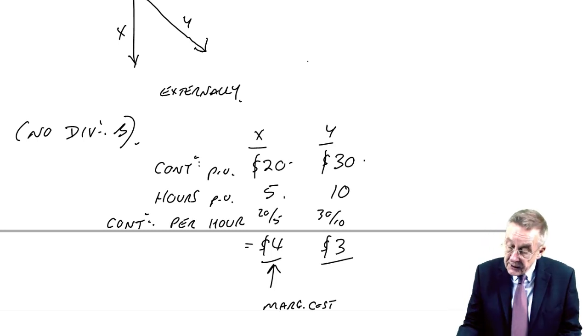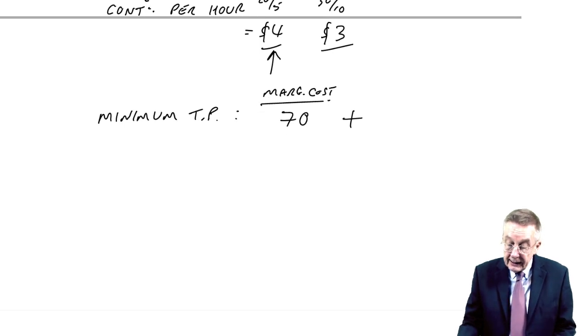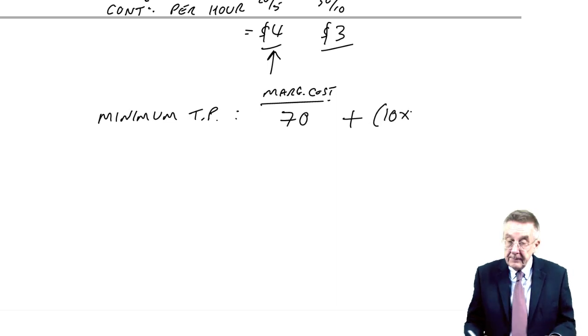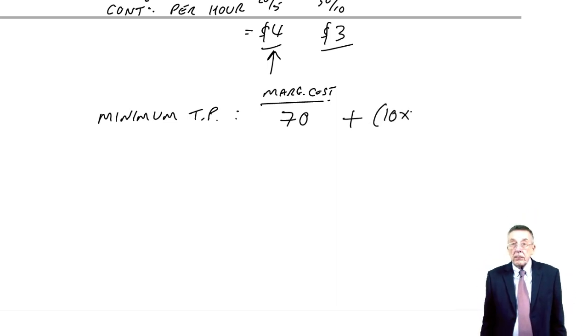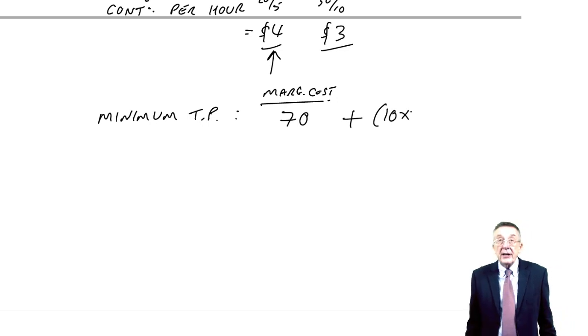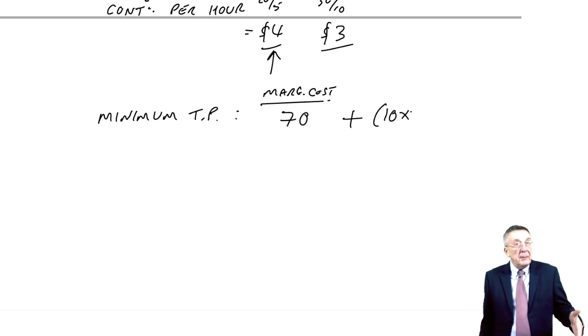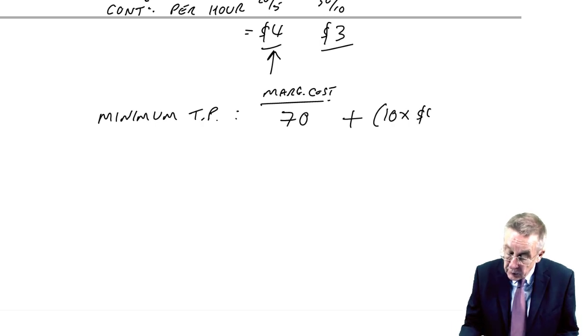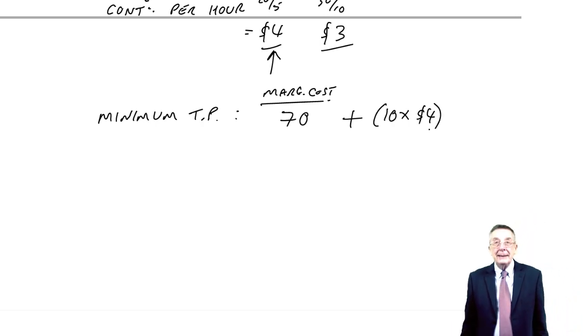How many hours does each unit of Y require? Each unit of Y requires 10 hours. If we weren't doing Y for the other division, how much per hour would we be earning? Well, because we'd be making X, we'd be earning $4 an hour.